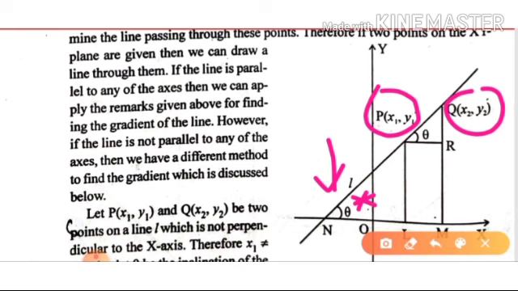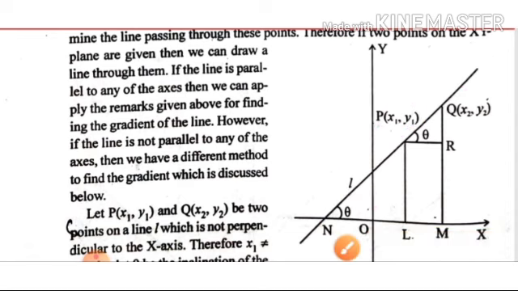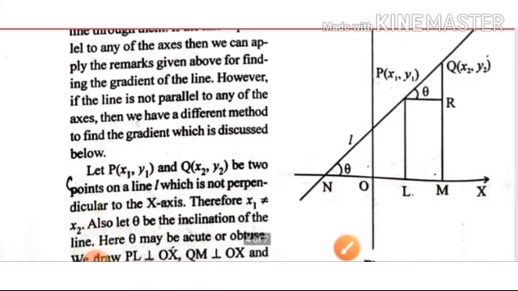Now you are asked to find the gradient of this line. So we are going to find the formula which will help us to find the gradient of a line if any 2 points on the line are given.